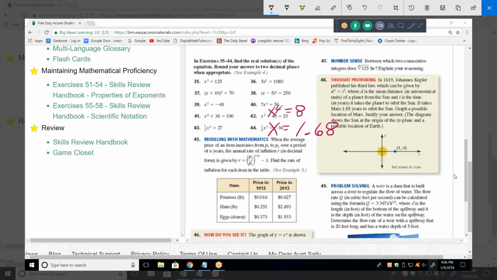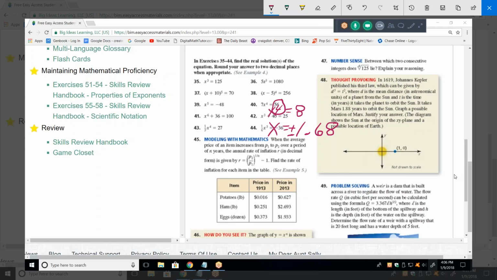Now, because that's an even root, it's always plus or minus. If you leave out the plus and minus, you will lose half credit on the problem, guaranteed. No way your teacher's giving you full credit without the plus or minus. And he'll take off exactly half credit because you missed half the answer.